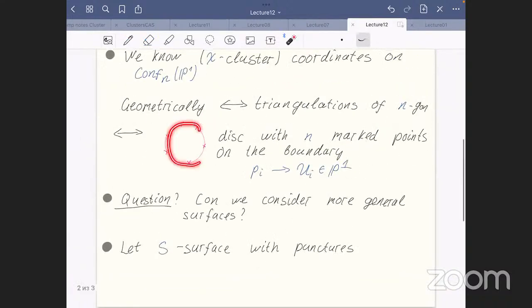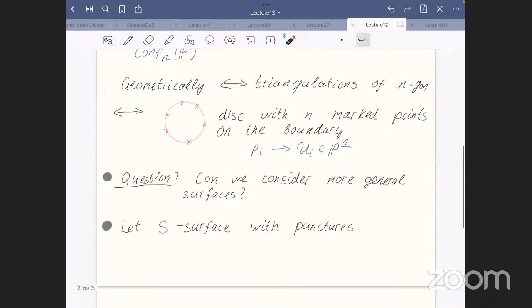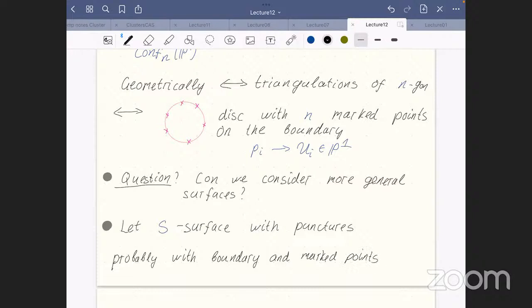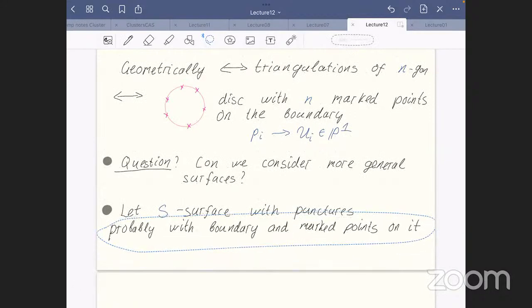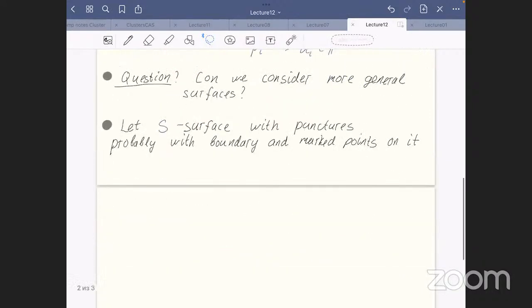For example, here we actually have boundary. So a surface with boundary and marked points. We made some assumptions in order to have this approach work.